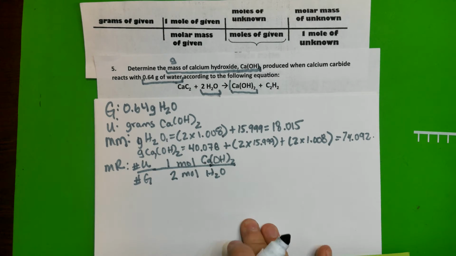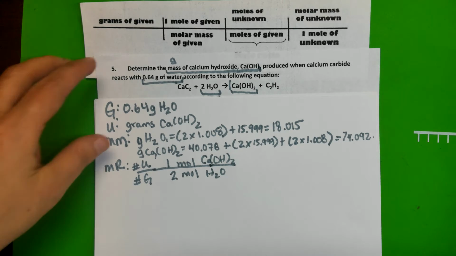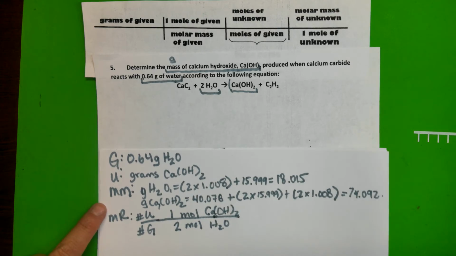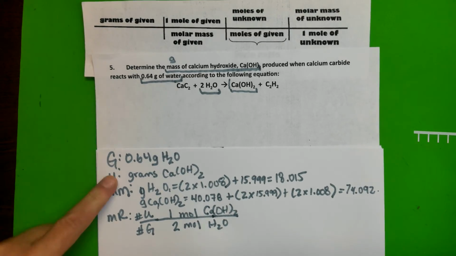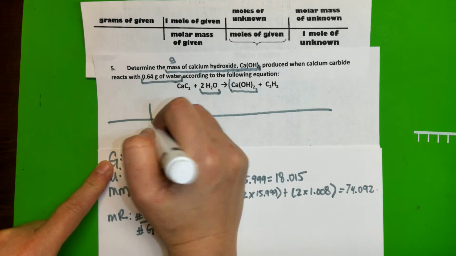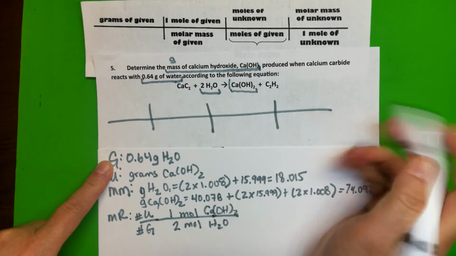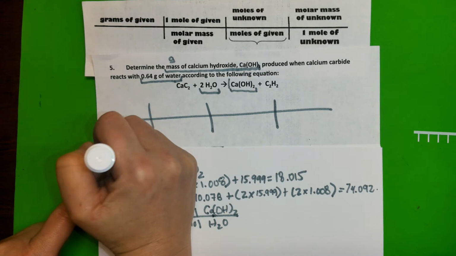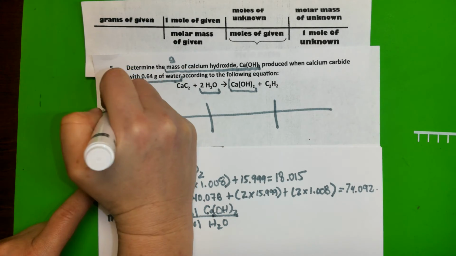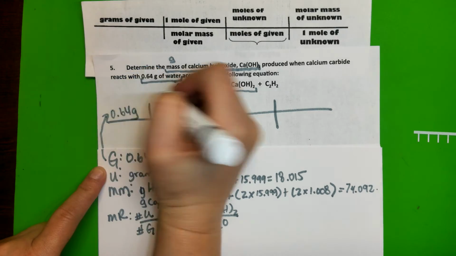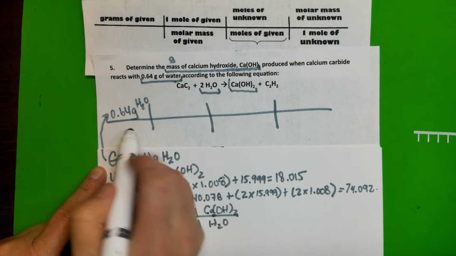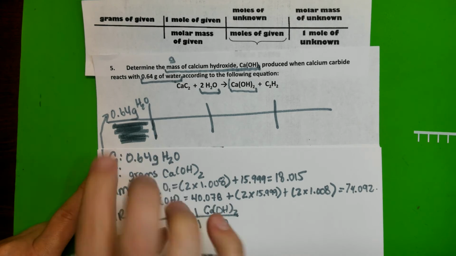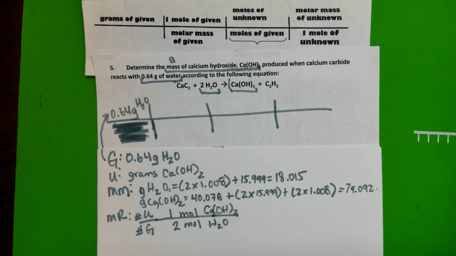Okay, we are ready. We already have all this information, so we're going to put it in here: 1, 2, 3, and then 4. We always start with our given, so it's 0.64 grams of H2O. There's nothing underneath it, but you could put a 1.